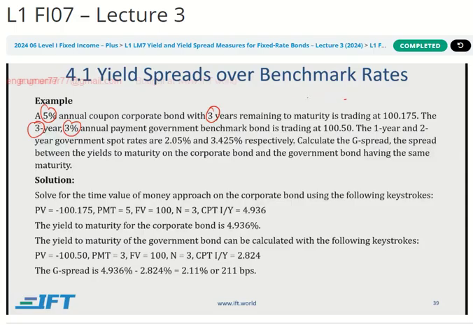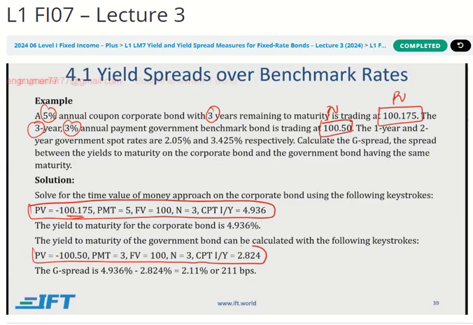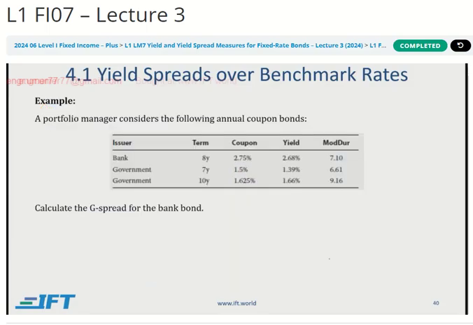You have to actually calculate the yield to maturity for each of them, because the present value is not 100. You calculate the yield to maturity for the corporate and for the government, and then the difference between those two gives you your spread. If you didn't know the government bond yield, that's where the linear interpolation comes in.